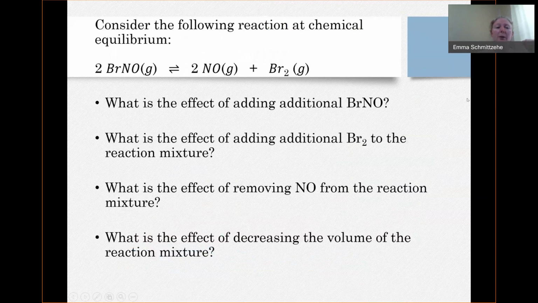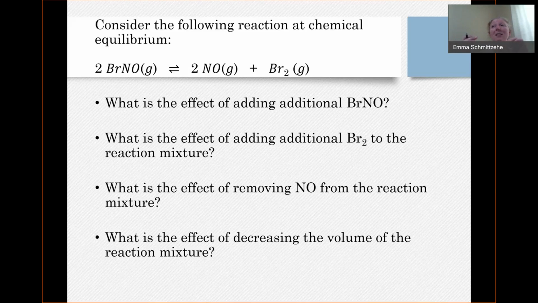So here we've got this reaction, and we say that we have it at equilibrium. And I want to know if it's already at equilibrium and then I add some BrNO, what's going to happen? So I'm adding some of the reactant. If I add some of that, the reaction needs to shift away and get rid of some of it.